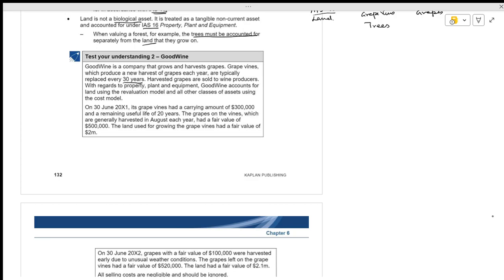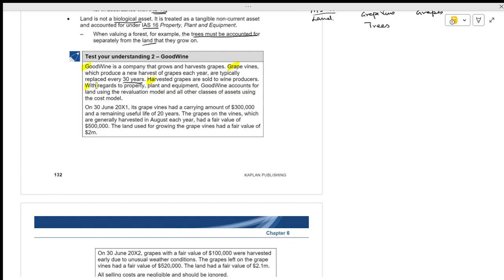With regard to property, plant and equipment, grapevine accounts for... See, make it a point. I follow this: you divide the things sentence by sentence. Good Wine is a company that grows and harvests grapes. Grapevines are typically replaced after 30 years. Harvested grapes are sold to wine producers.